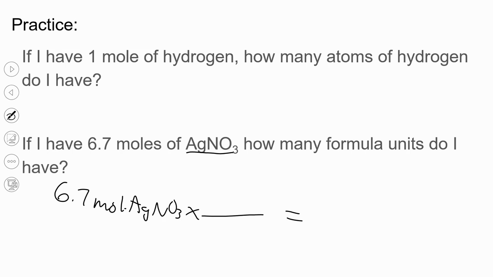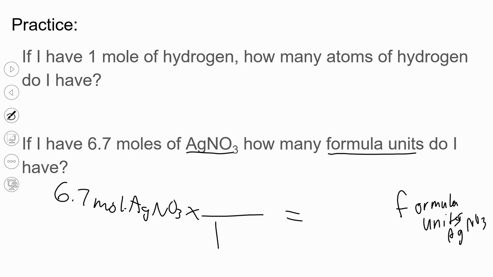And what are we trying to figure out at the end? We're trying to figure out how many formula units. So that's basically how many molecules, but it's an ionic compound. Okay, so what needs to go on the bottom of our conversion factor? 1 mole. Good.